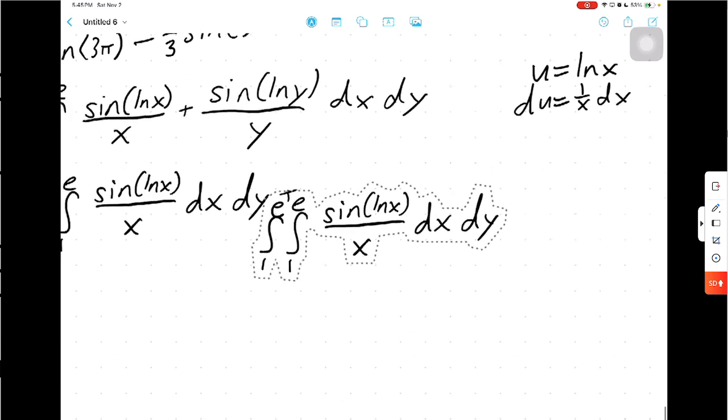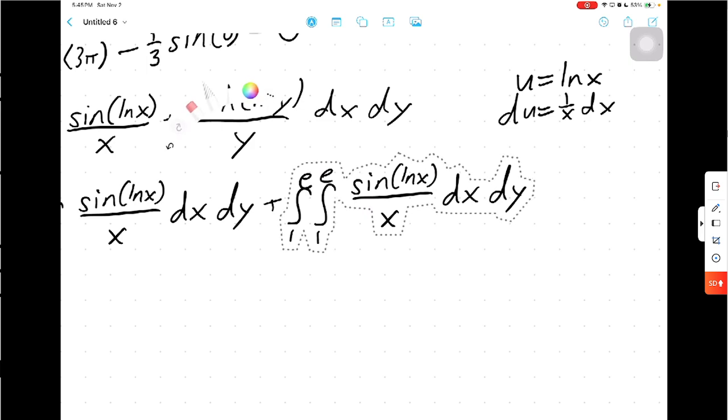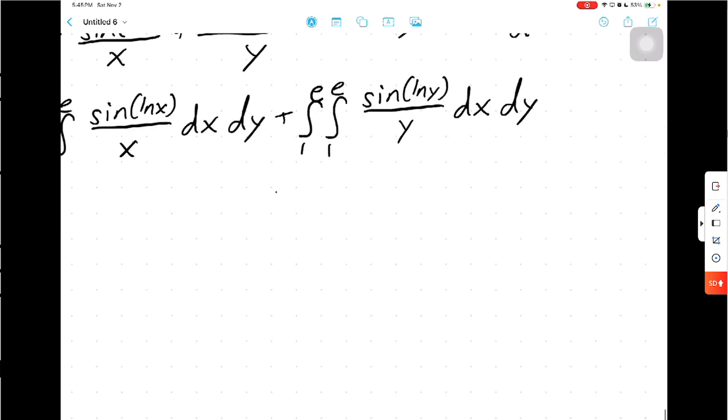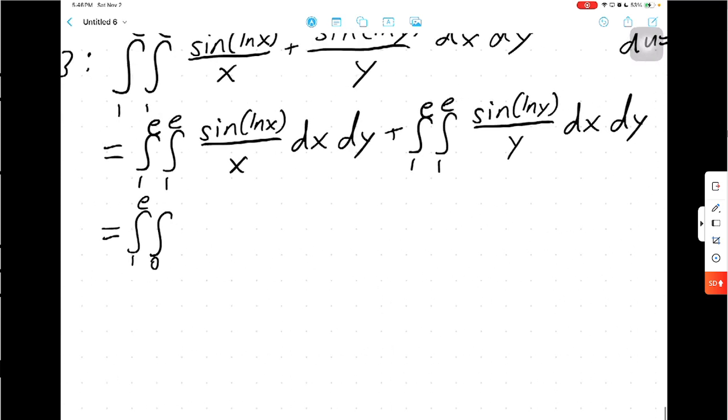Because we have to split them, there's two separate integrals. So 1 to e, and then u, ln 1 is 0, ln of e is 1. Sine of u du, dy.